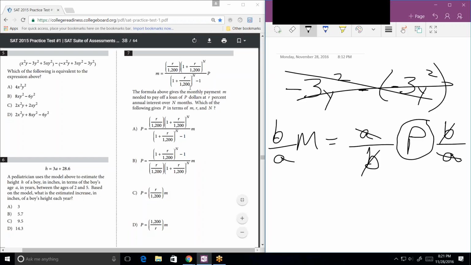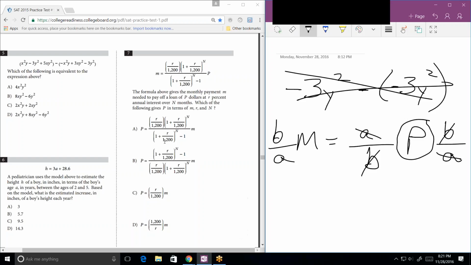Now let's look at what we have here. We have M equals this extremely complicated numerator divided by this extremely complicated denominator times P. So do this process and see if there's an answer down there that looks like we've multiplied by the denominator and divided by the numerator.